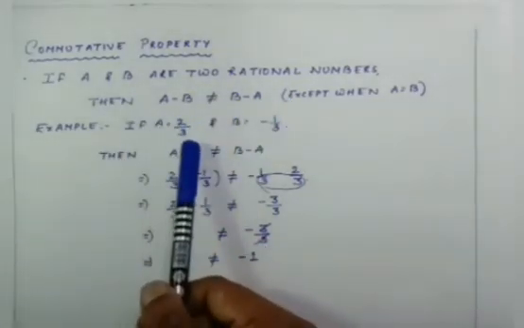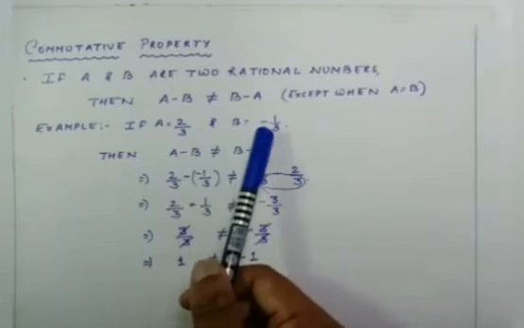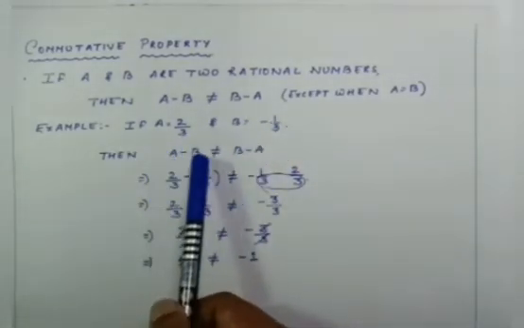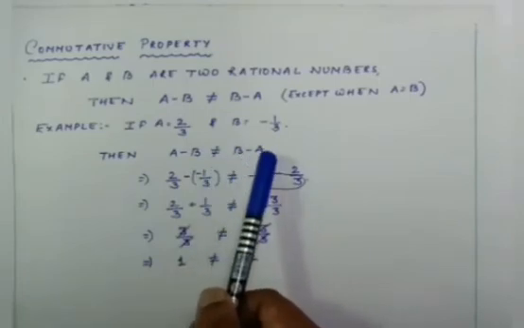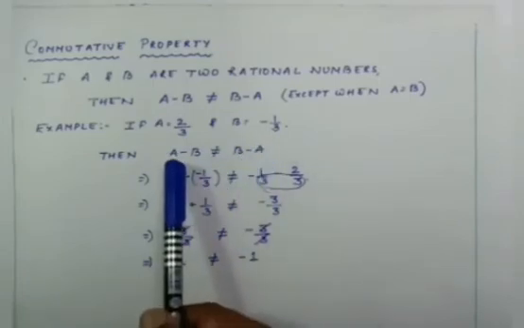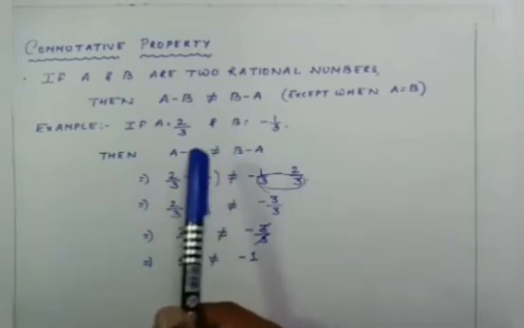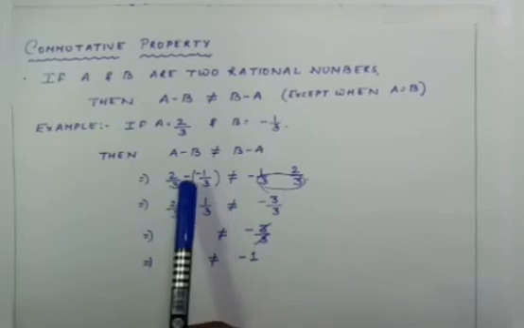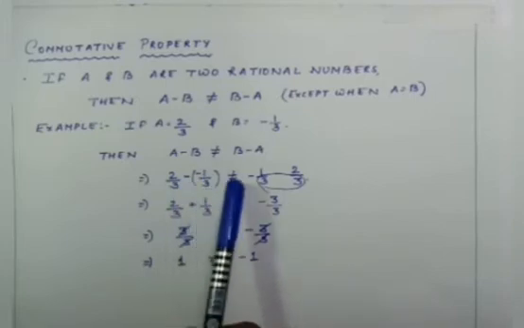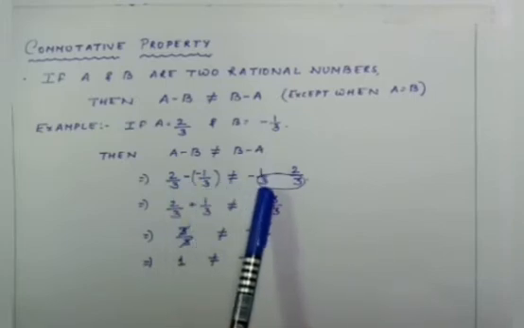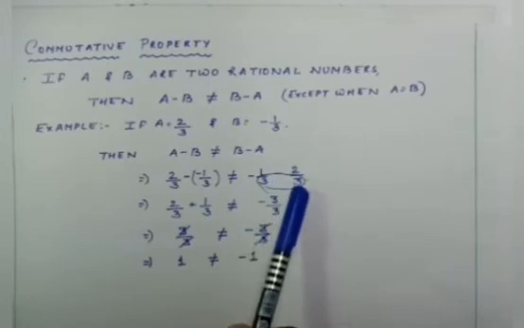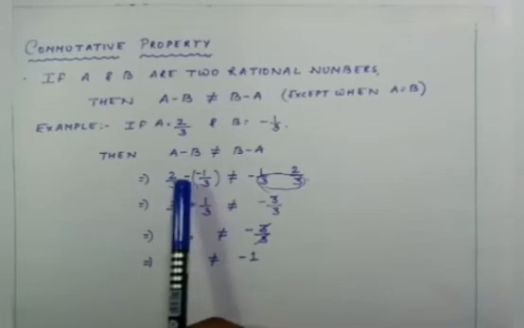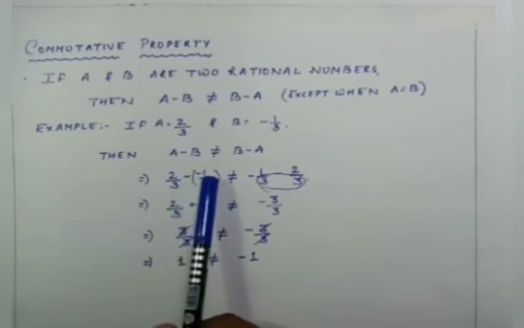If a is equal to 2 upon 3 and b is equal to minus 1 upon 3, then according to the property a minus b is not equal to b minus a. Now we are going to put the values of a and b on both sides. 2 upon 3 minus, inside the bracket, minus 1 upon 3 is not equal to minus 1 upon 3 minus 2 upon 3. Now since the minus sign is outside the bracket, when I open the bracket it will become positive.